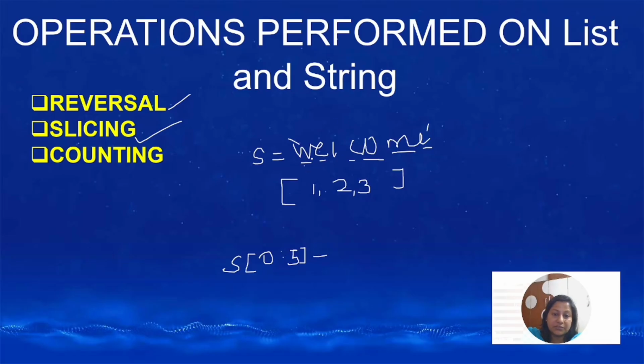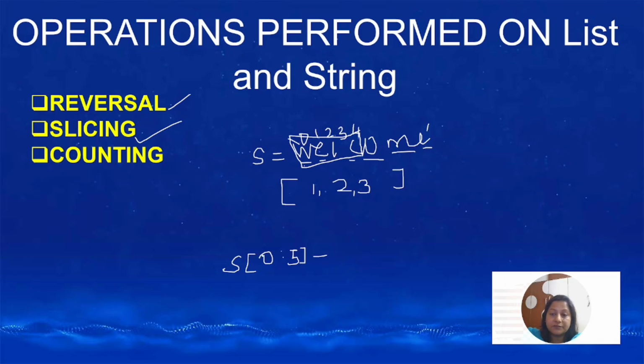It will be taking from 0, 1, 2, 3, 4; 5 won't be counted, only till 4. So WEL, and if there is a space, that also will be included. So 0, 1, 2 and here 3, there is a space, 4. So till here it will be doing. So you will get the output as WEL space C. This is how you can do the slicing.